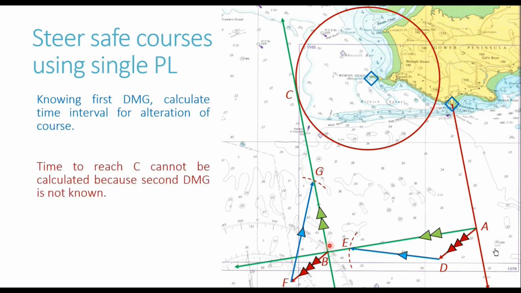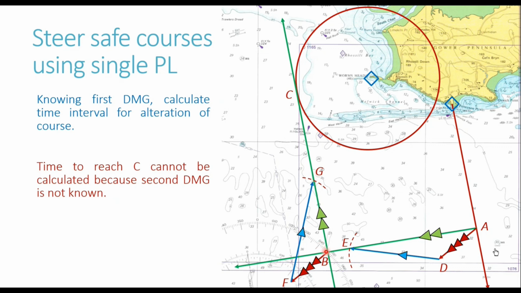Now, time to reach point C cannot be determined, cannot be calculated. Why can't we do it? Because Bravo Charlie does not represent the distance made good on the second leg. Alpha and Bravo were hypothetical points which were picked up by us.